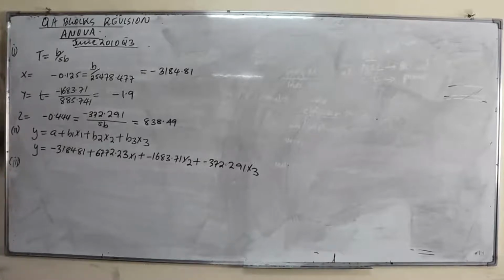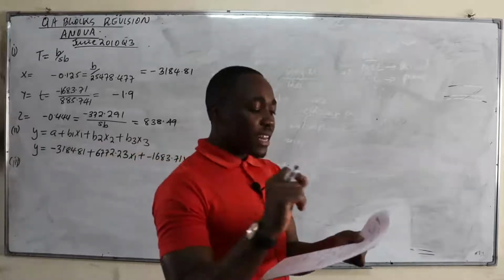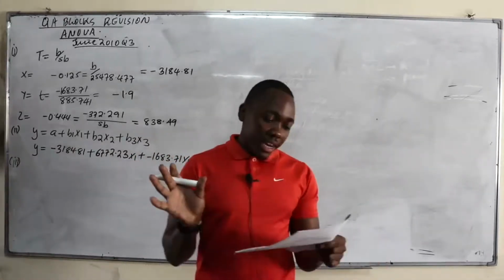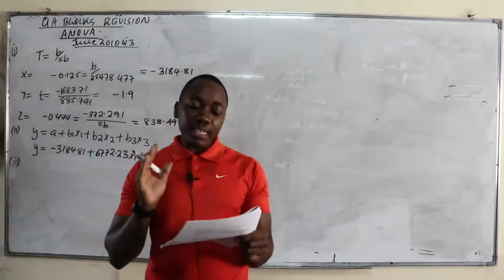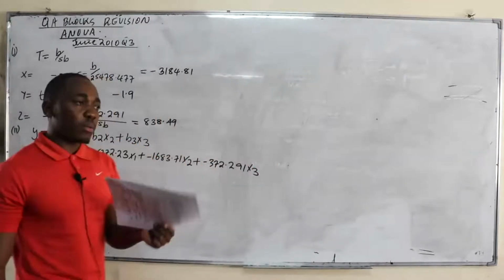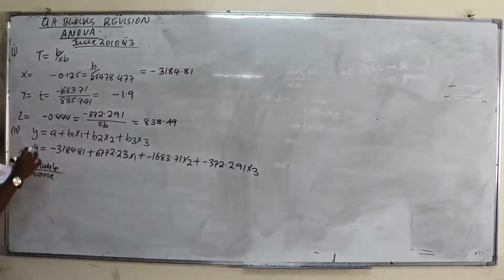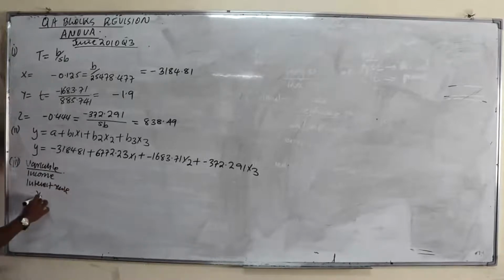Number 3: the independent variables, if any, that may not be useful in the predictor model. Explain your answer. How many variables do we have? 3. So you bring your variables: the first variable is income, we have the interest rate, and we have the years.